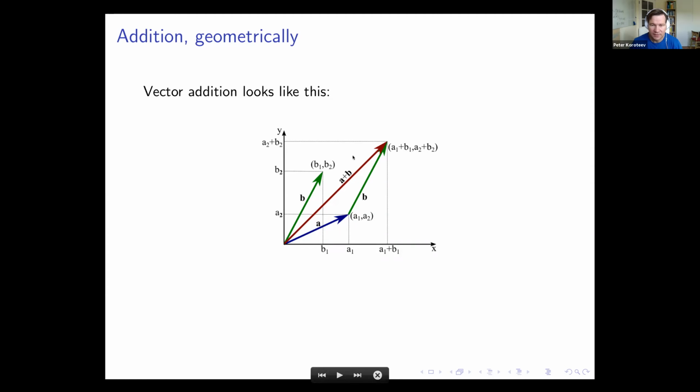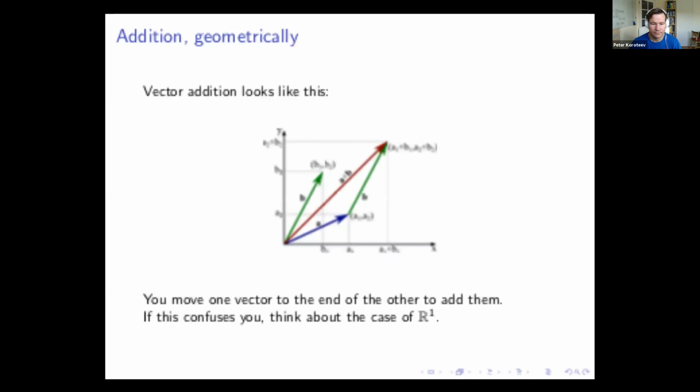If you draw another vector A over here, the sum of two vectors goes along the diagonal of a parallelogram. If you think about R1, then you have just vectors that are aligned along the same direction, and then you would just add or subtract their magnitudes.